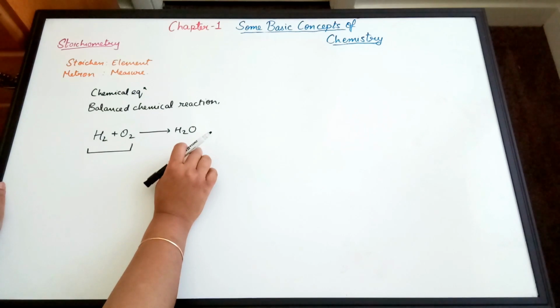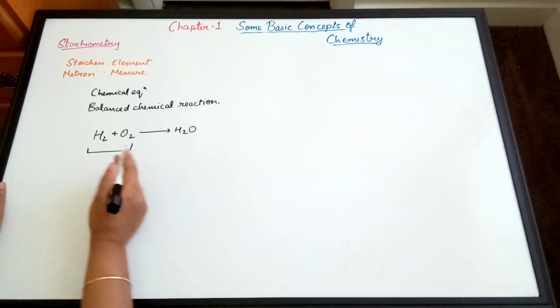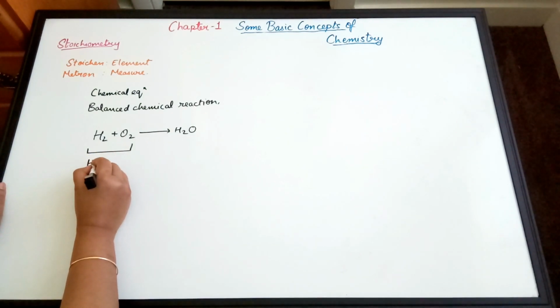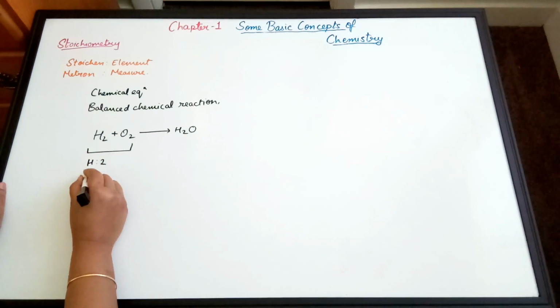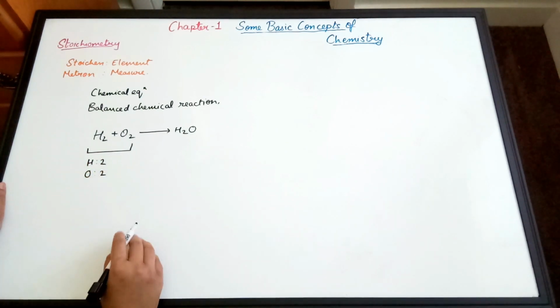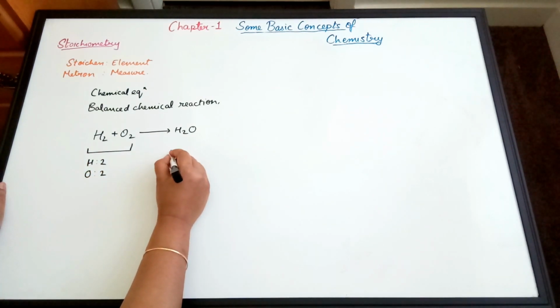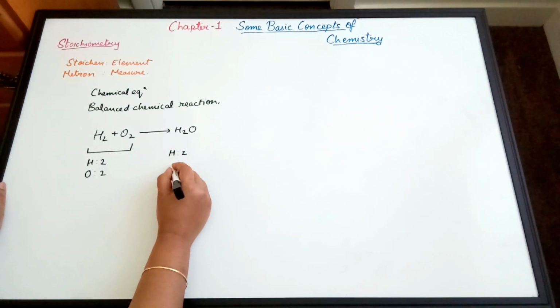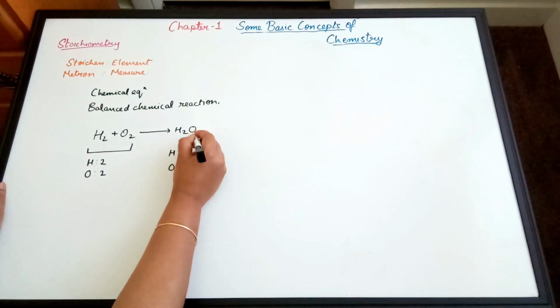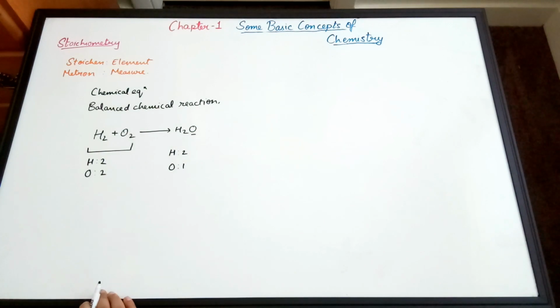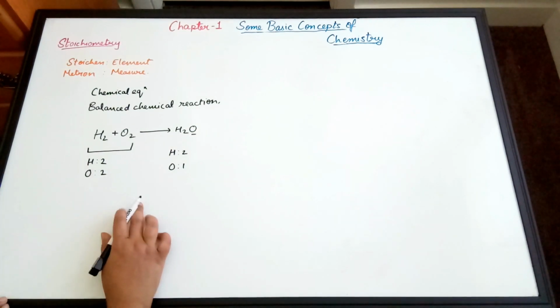Now in this reaction, you will notice that the left-hand side has two atoms of hydrogen and two atoms of oxygen, whereas the right side has two atoms of hydrogen and only one atom of oxygen. This means this reaction in this form is not following the law of conservation of mass, which states that matter can neither be created nor destroyed.